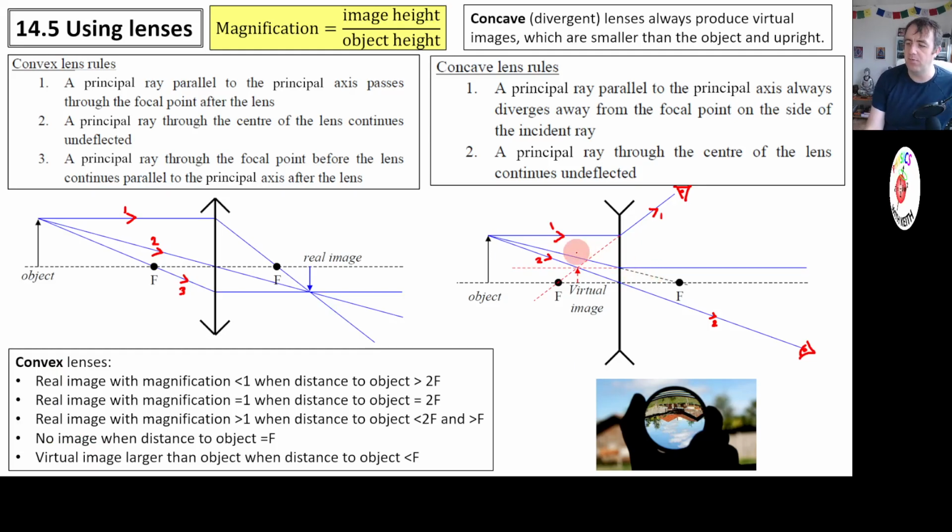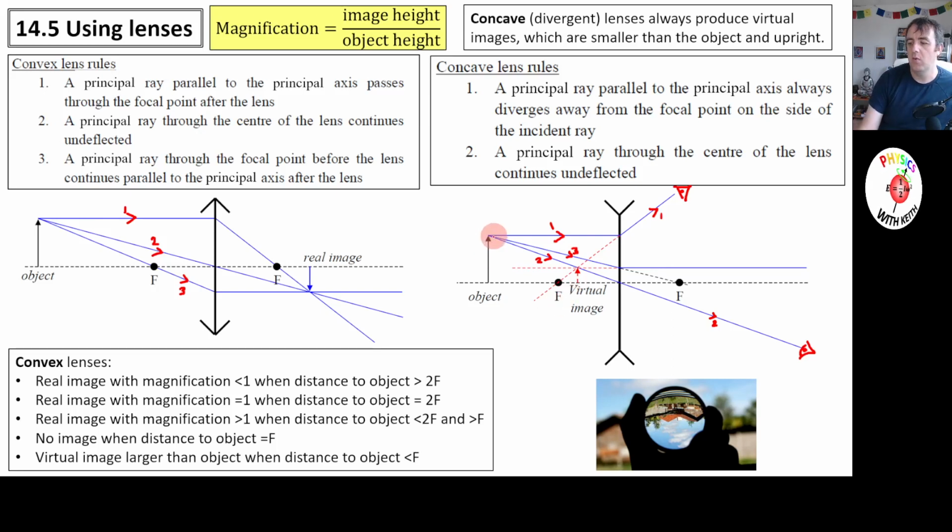The third principal ray, I've included it on the diagram, but I haven't included it in the notes up here. It's like how we had for the convex lens, where it's just the same as the first principal ray, but all in reverse. But it's harder to see because with the first principal ray for concave lenses, we were parallel to the principal axis at the start, and then diverge away from the near focal point.